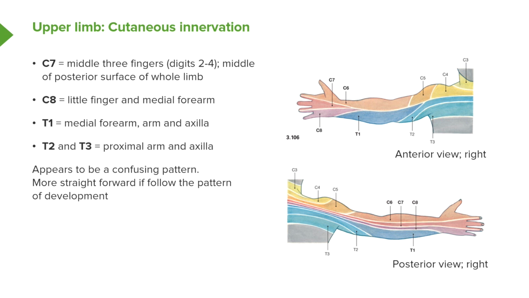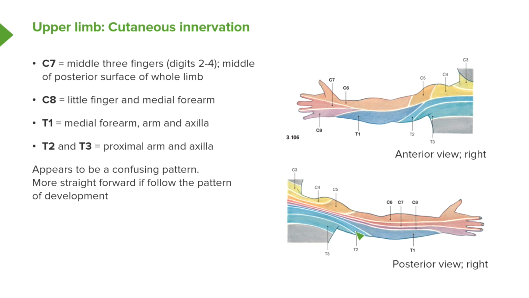C7 is the middle 3 fingers, so digits 2, 3, part of 4, and we can follow it back along the posterior aspect of the upper limb as well. We can then see C8, little finger and medial forearm, running up here. T1, we can see its location, T2 and T3.